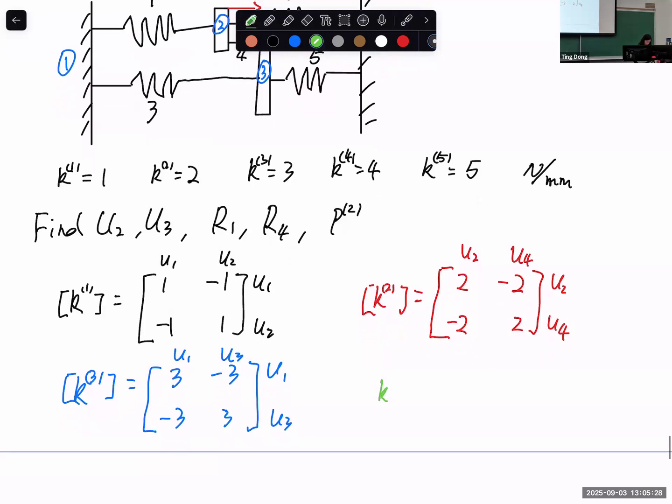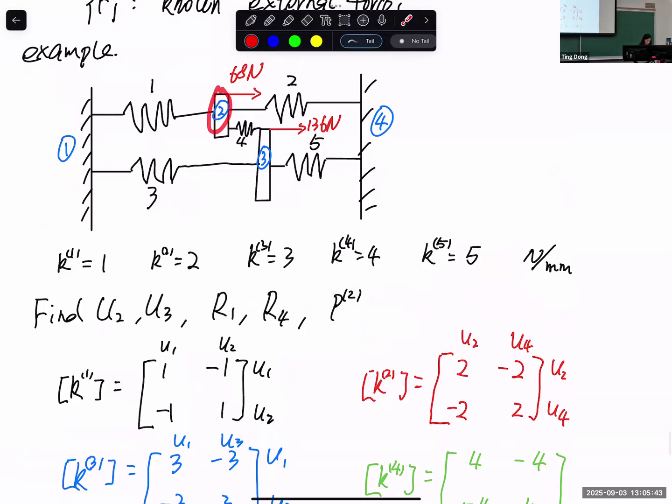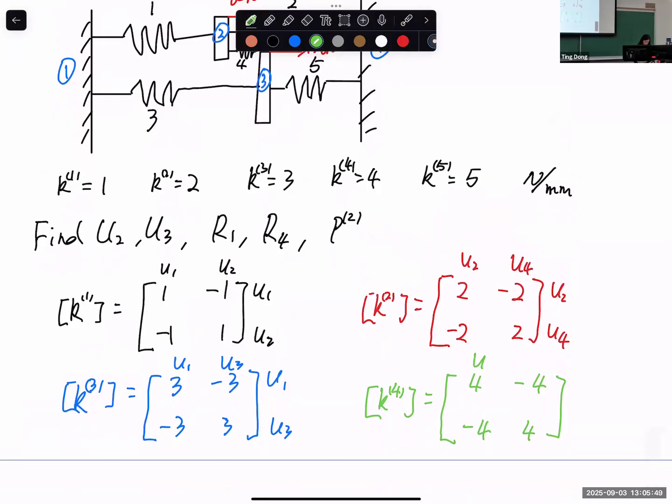K4: 4, -4, -4, 4. And element 4 is connected to node 2 and node 3. So we have U2, U3, U2, U3.